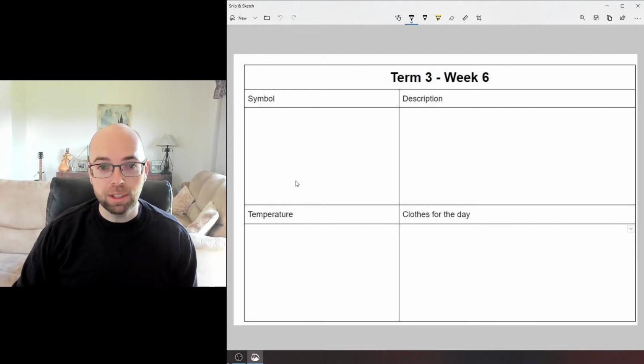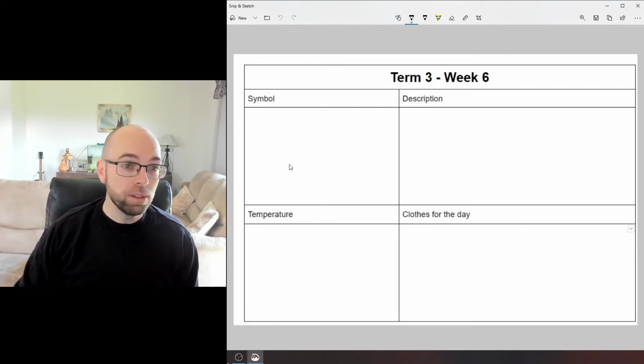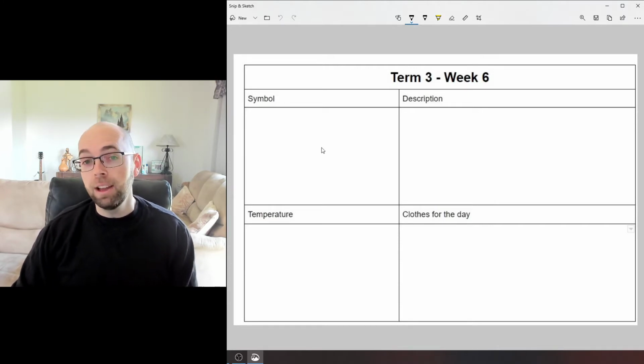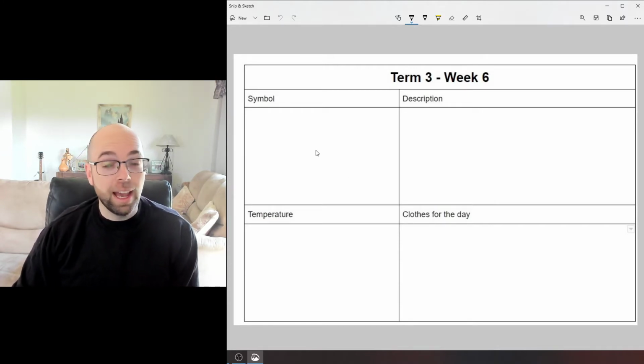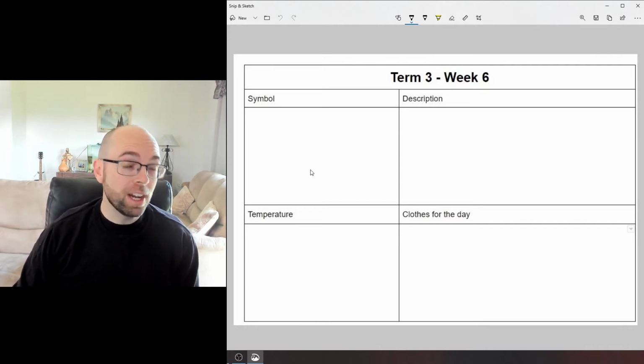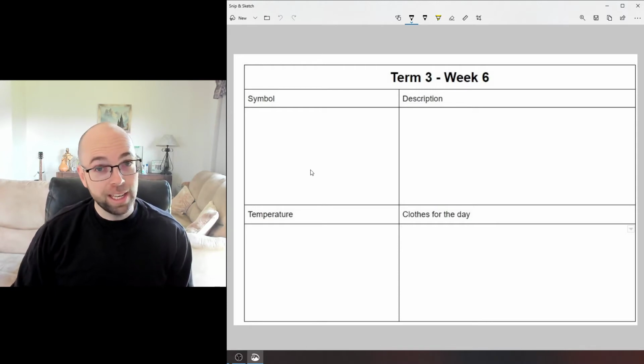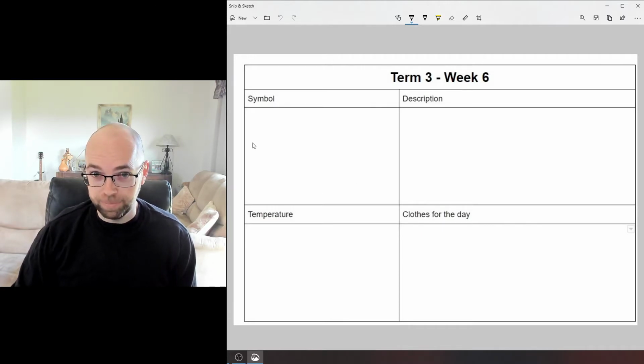You're pretty good at that, so you have to go outside, look at the weather, and if it's a very cloudy day, you draw some symbols for a cloudy day. If it was a rainy day, you might draw a rainy symbol. Okay? Whatever the weather is where you are, and depending on what time of the day you do it at, the weather could change. Like in the morning, it might be rainy, but if you do science in the afternoon, it could be sunny. So you draw your symbol there.